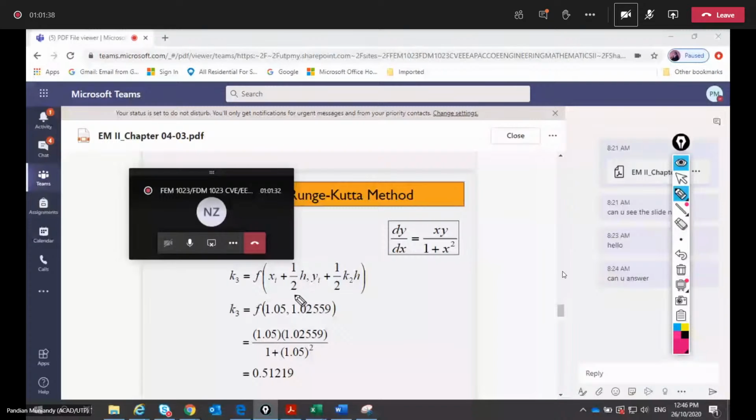Y is 1.02559. You take this, put inside here. Again, repeat. This is how Runge-Kutta works. So x is 1.05, y is 1.02559, divided by 1 plus x squared, 1.05 squared. You can test now. Use your calculator now, all of you. Get the answer 0.51219. I wait for you.